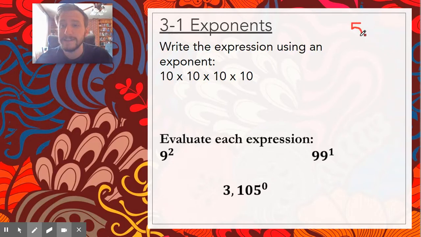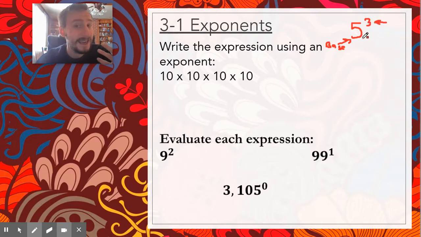So if I had something like 5 to the third power, or 5 cubed, this 5 is my base, and this 3 is my exponent. What this is really saying, it's not saying 5 times 3, it's saying multiply your base by itself 3 times. So this should be 5 times 5 times 5, and that equals 125.